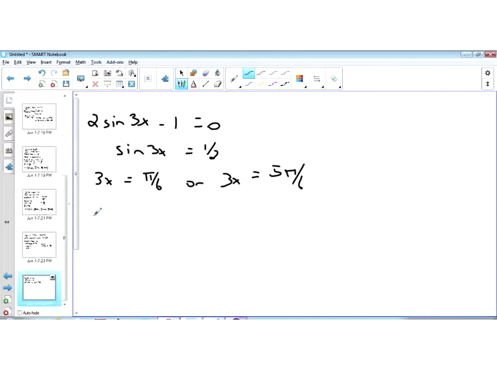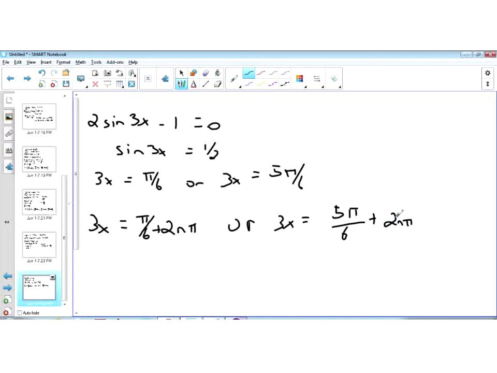Okay, and so for periodicity, the complete solution on the entire x-axis, 3x is equal to pi over 6 plus 2n pi, or 3x is equal to 5 pi over 6 plus 2n pi.